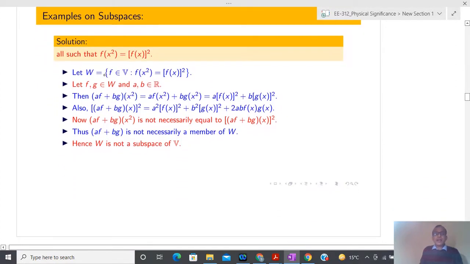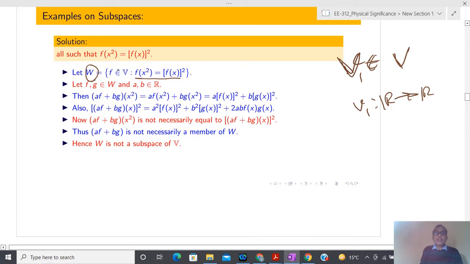I have some vector space V, and inside that I have an element v1 that belongs to V, and I am assuming that v1 maps from R to R. Now inside that I have defined a space W, with functions f that belong to vector space V and satisfy this kind of property.